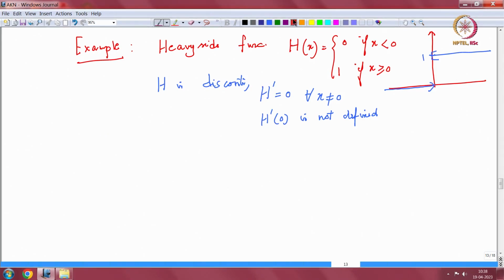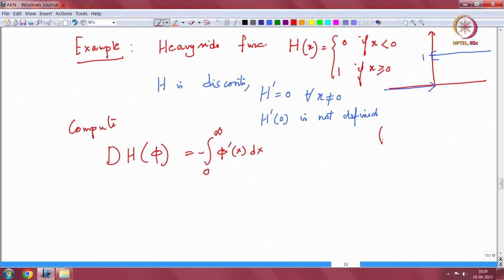Compute dh. So you have to write down dh at phi, that is equal to the integral from 0 to infinity, because from minus infinity to 0 h is 0 and there it is 1, of minus phi prime of x dx.